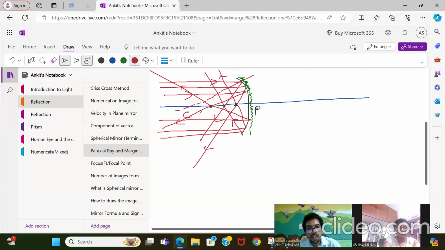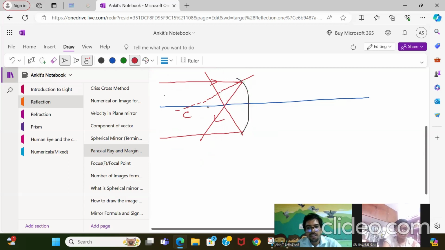If you draw any line like this, is this diagram clear now? Okay, I think it is not clear, so I will draw with a different color.